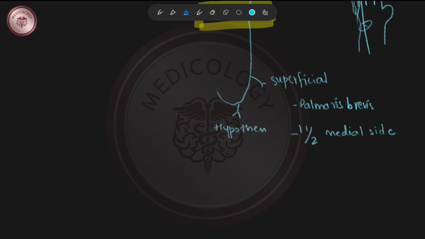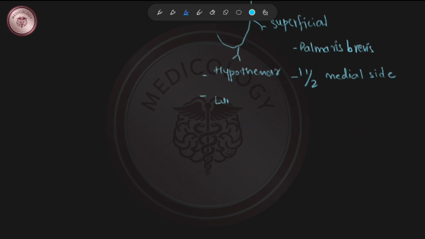Then which muscles? Among the lumbricals, L3 and L4, and all interossei, the palmar and dorsal interossei, and adductor pollicis, which is in the group of thenar muscles.